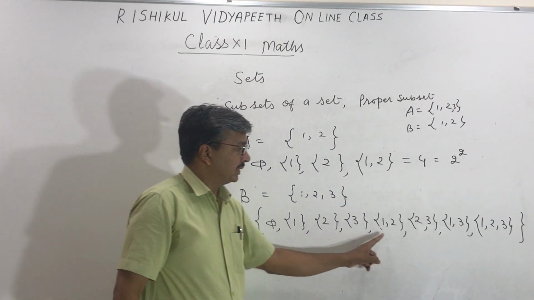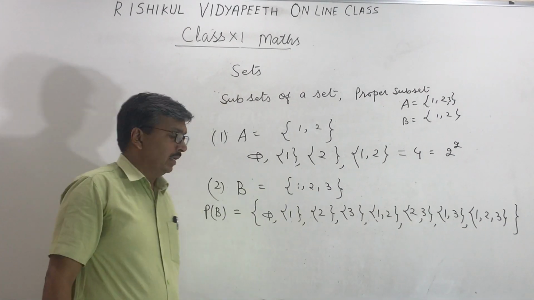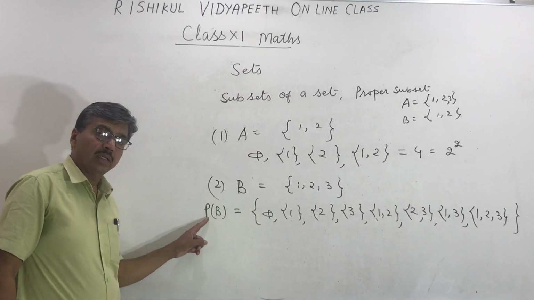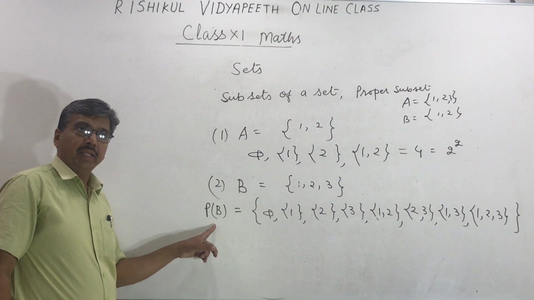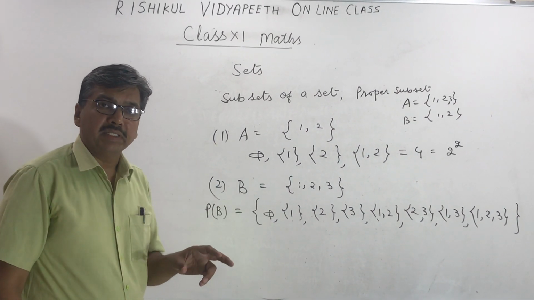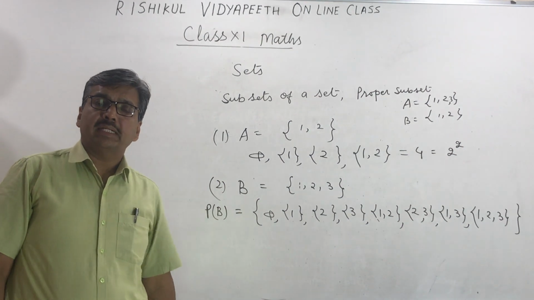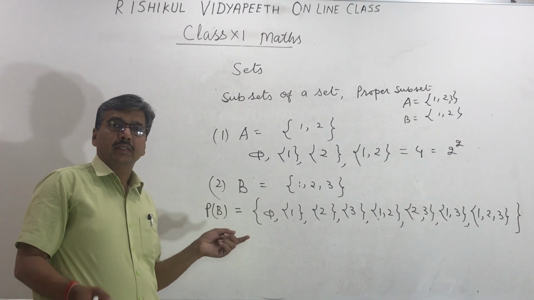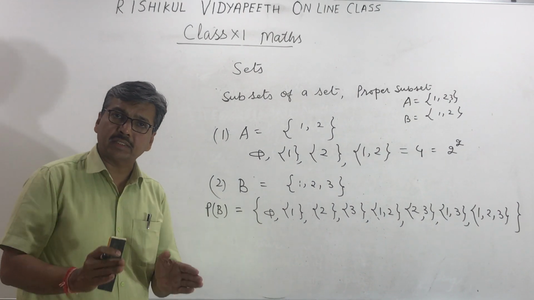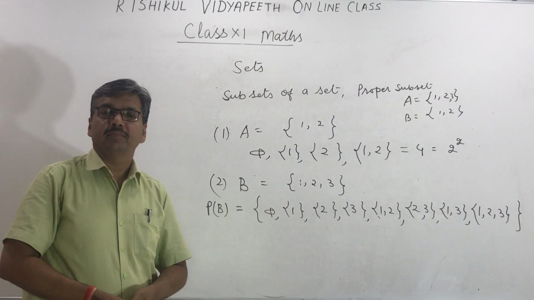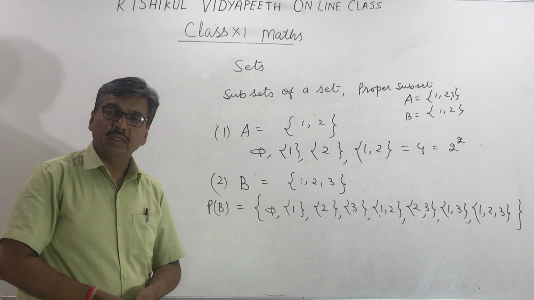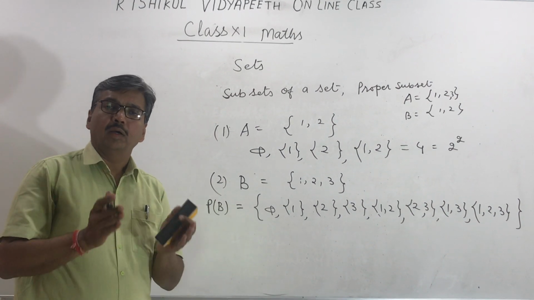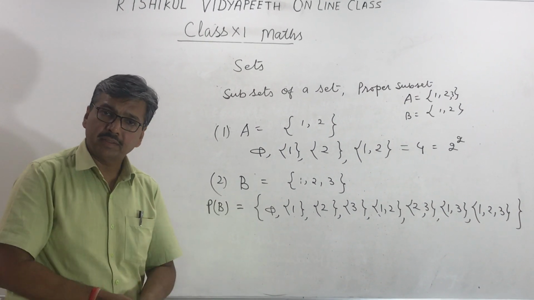These are the subsets of set B. This is the power set of B. It means what will be the definition of power set of a set? Power set is the set of subsets of a set.